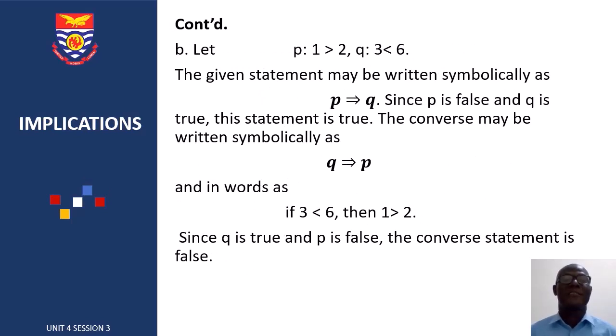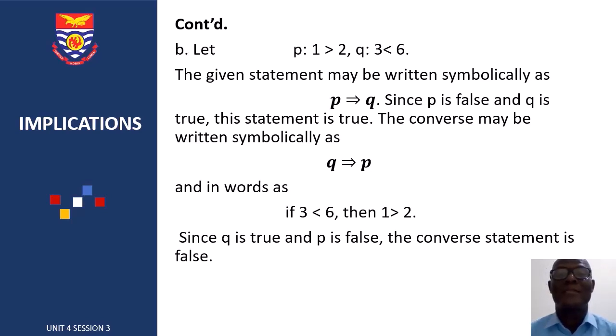Implications. We look at question number B from the previous slide. The first statement is P, that is 1 is greater than 2. And the second statement Q, that is 3 is less than 6.